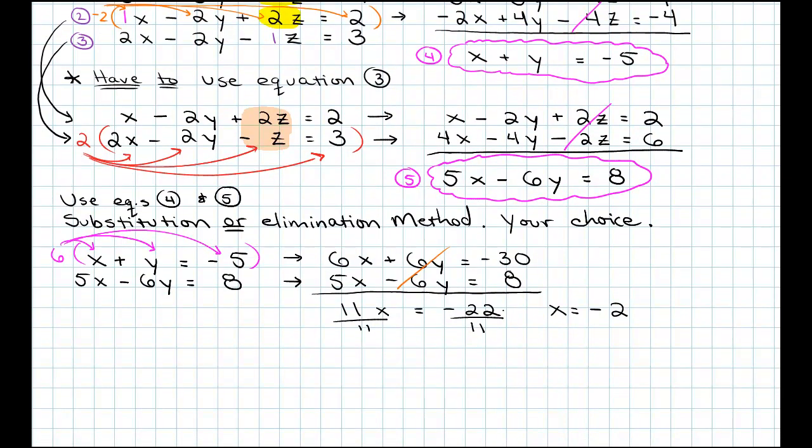Now that you've found the value of x, we still need to find the values of y and z. Before we find the one for z, we're going to first find the one for y. And we're going to use either equation 4 or 5 to find the value for y. So I'm going to write that down. Now we are going to use equation 4 or 5, either one.